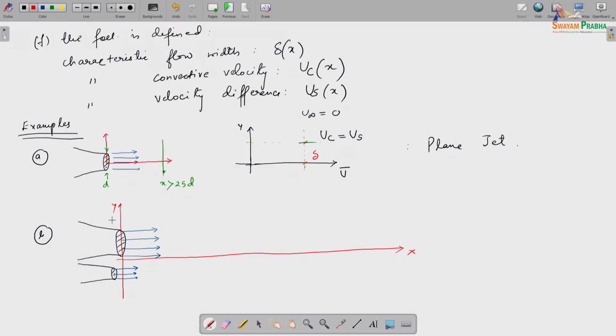Now, the convective velocity, so you have a convective velocity.